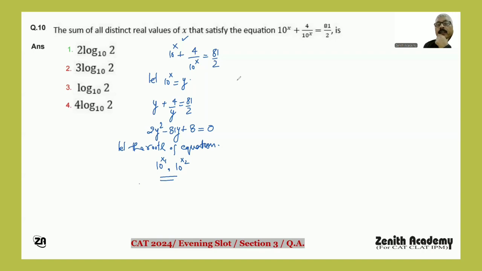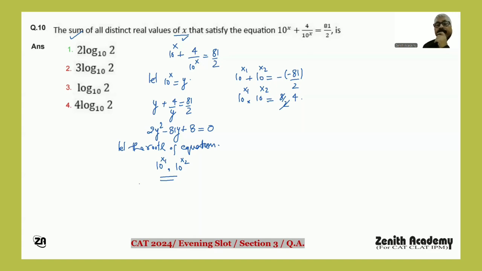Then 10 to the power x1 plus 10 to the power x2 is minus b upon a, so 81 by 2. And 10 to the power x1 into 10 to the power x2 is equal to 8 by 2, it is 4. And here you have to find the sum of all distinct real values of x that satisfy the equation.